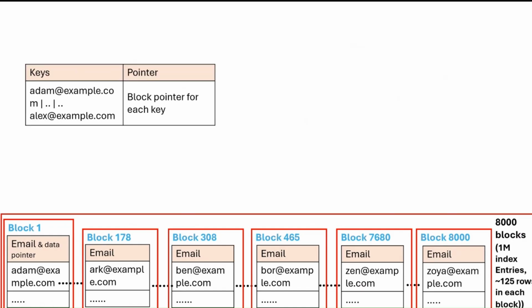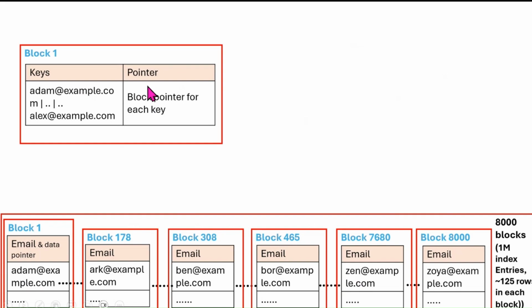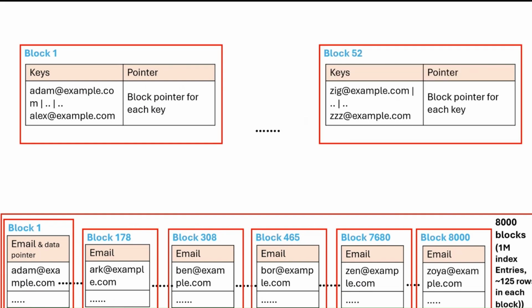Let's say we created one more table which contains more keys, basically a key pointer pair for each key. Let's say this is one block, and like this, let's say we have created 52 blocks.